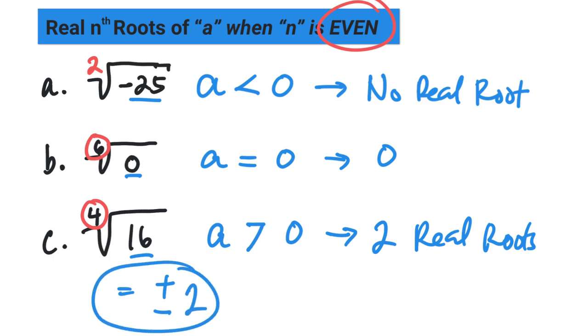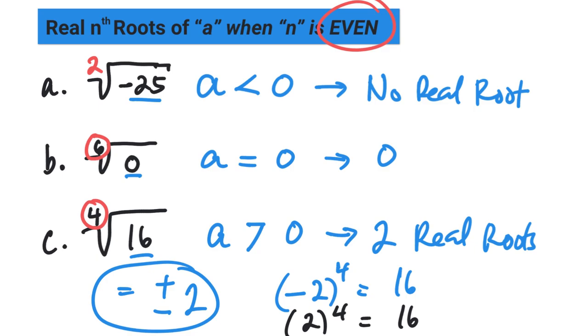It means to say that if you multiply -2 four times, it's going to give you positive 16. And if you multiply 2 four times, it's still going to give you positive 16. That's why it can be either plus 2 or minus 2.